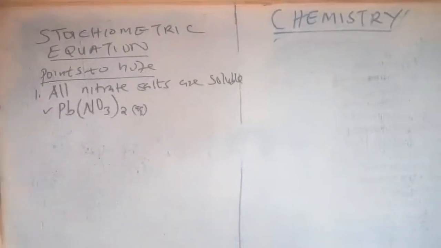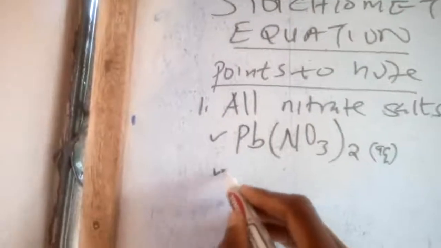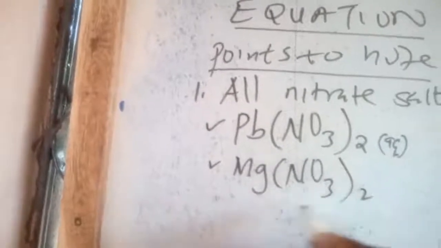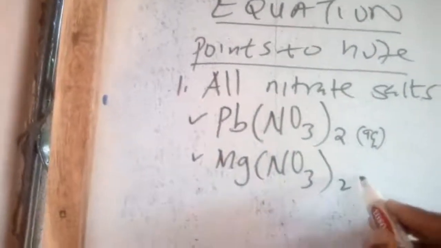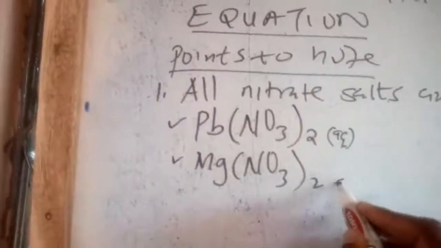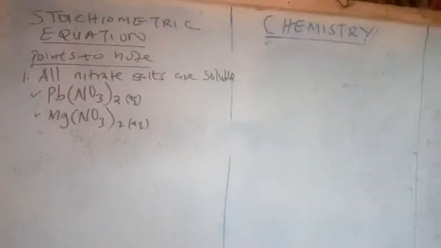The second example of nitrate is magnesium nitrate. Still, magnesium has a valency of 2, and the nitrate has a valency of 1, and therefore I can write AQ, meaning that it is a soluble salt.